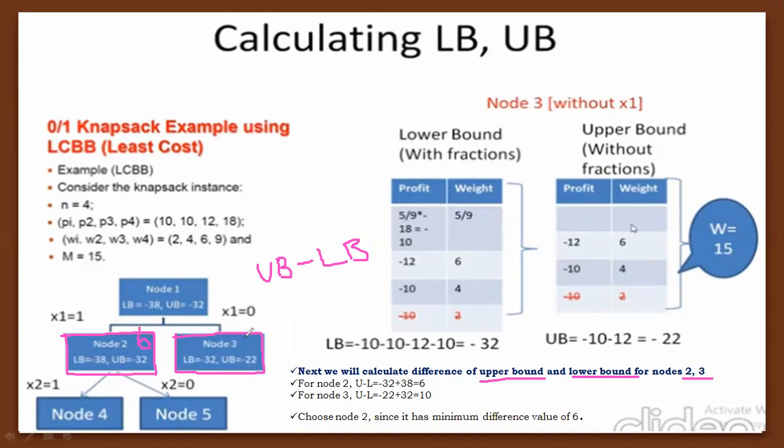For node 3, the difference is 10 here. If you consider 6 with 10, which one is minimum? Minimum is 6. Hence, you need to consider node 2. You simply discard node 3 value. So you need to expand the tree for node 2 only.